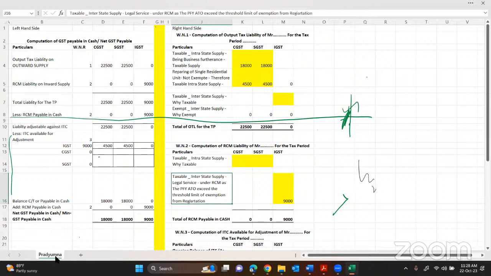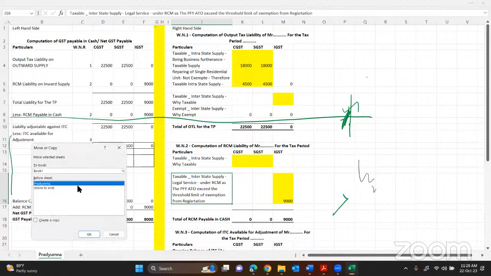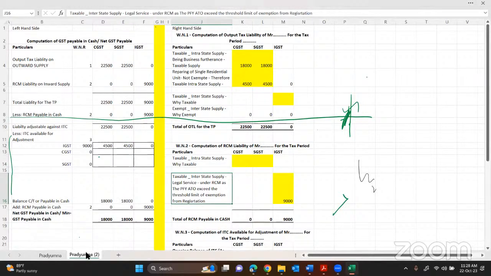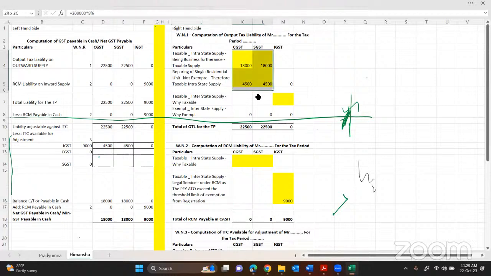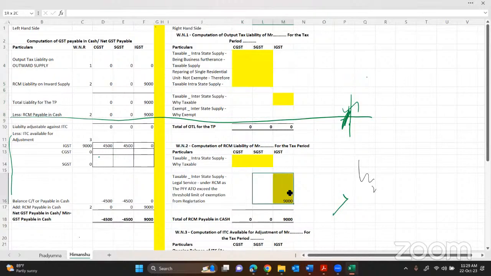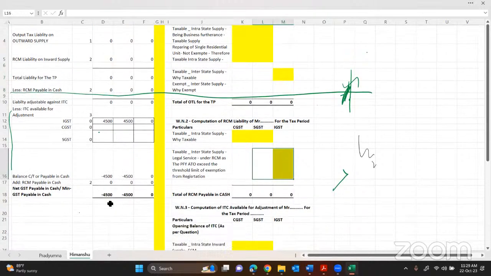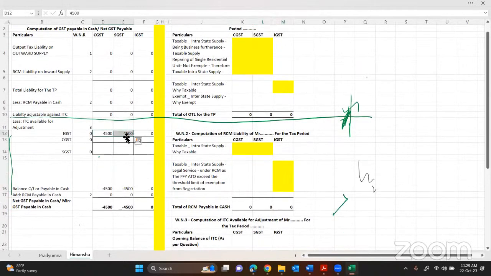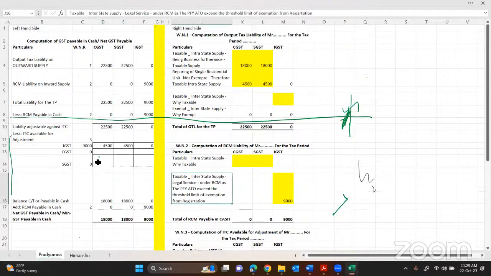Can we go to one more problem? So the format is ready with us.